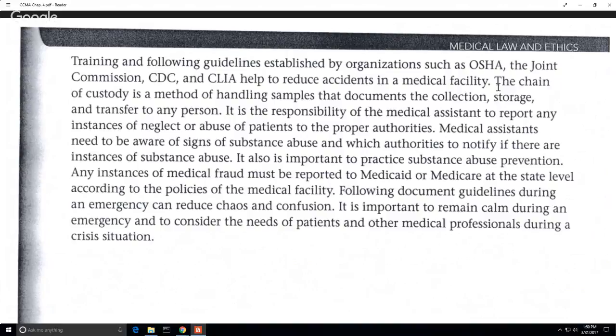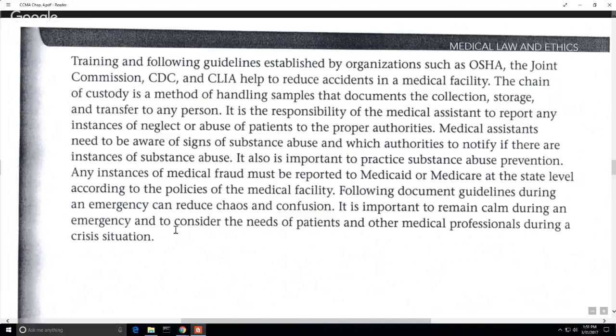The medical assistant needs to be aware of signs of substance abuse and which authorities to notify if there are instances of substance abuse. It also is important to practice substance abuse prevention. Any instances of medical fraud must be reported to Medicaid or Medicare at the state level according to the policies of the medical facility.